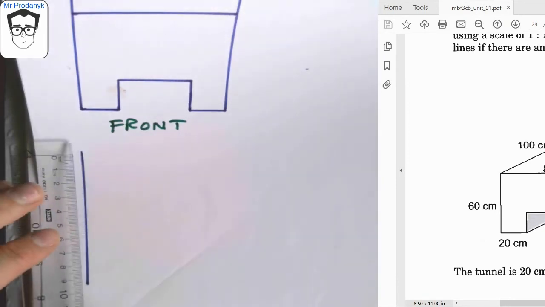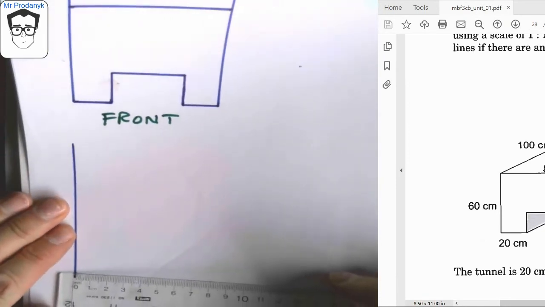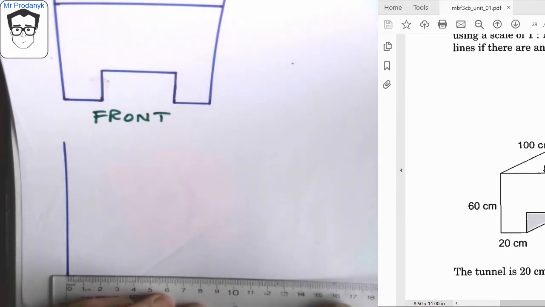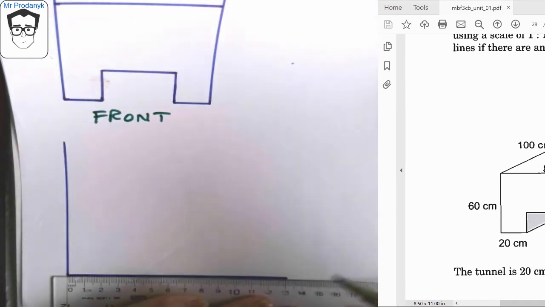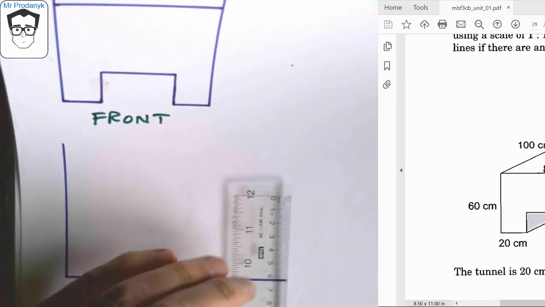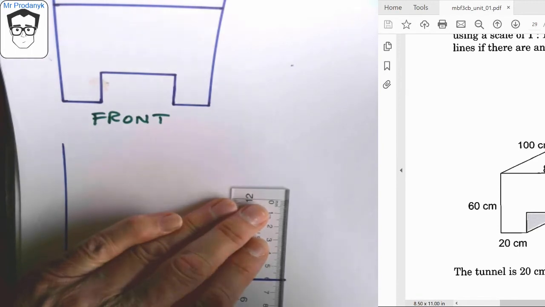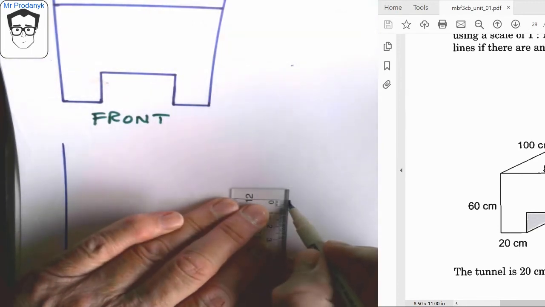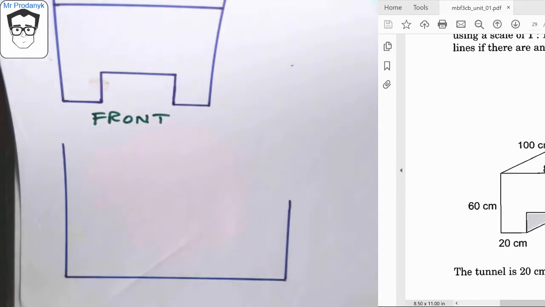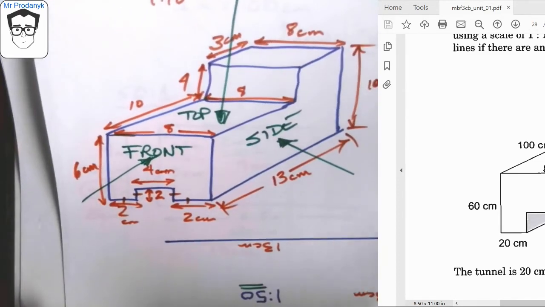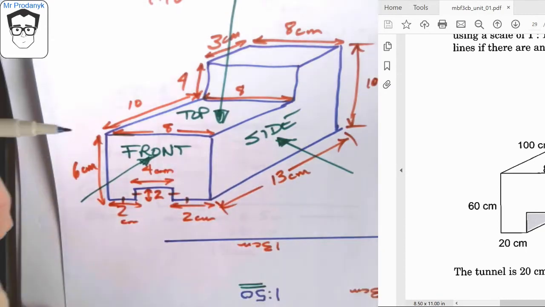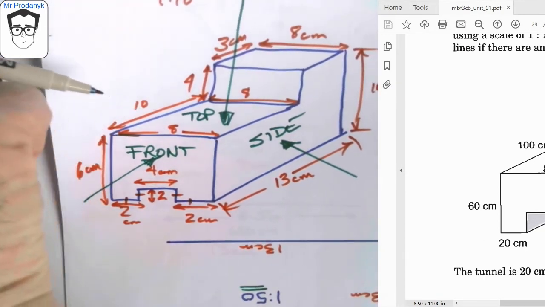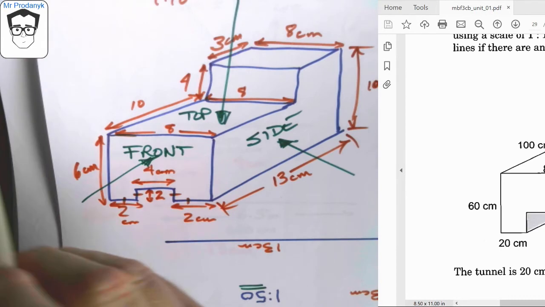So I've gone 10 centimeters high here, and now I need to go 13 centimeters across the base. Like this. And I only need to come up 6 centimeters here. Okay, because if we look again back at this drawing here, I'm actually taking the mirror image of this side here, or I'm coming at it from the back side over on this other side. So I've just rotated this.